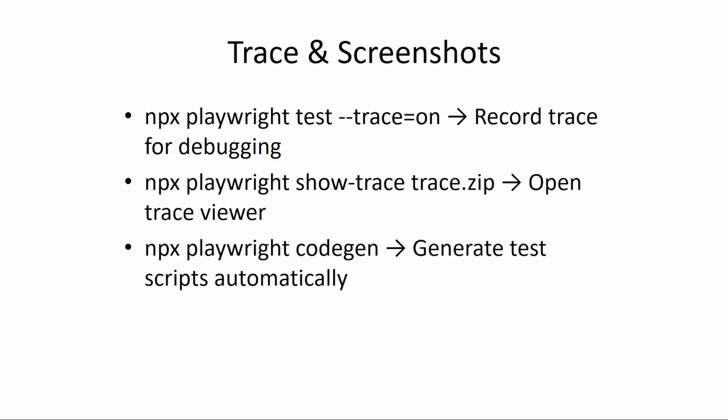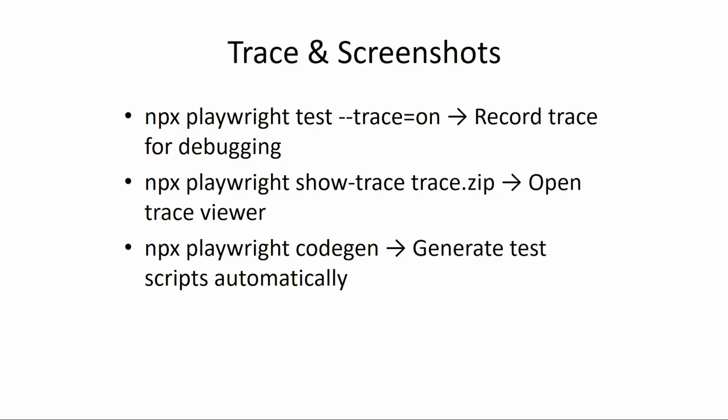You can also take a screenshot or trace. So if you want to record a screenshot or a video, in Playwright you can easily generate a trace. This is the command npx playwright test --trace on.